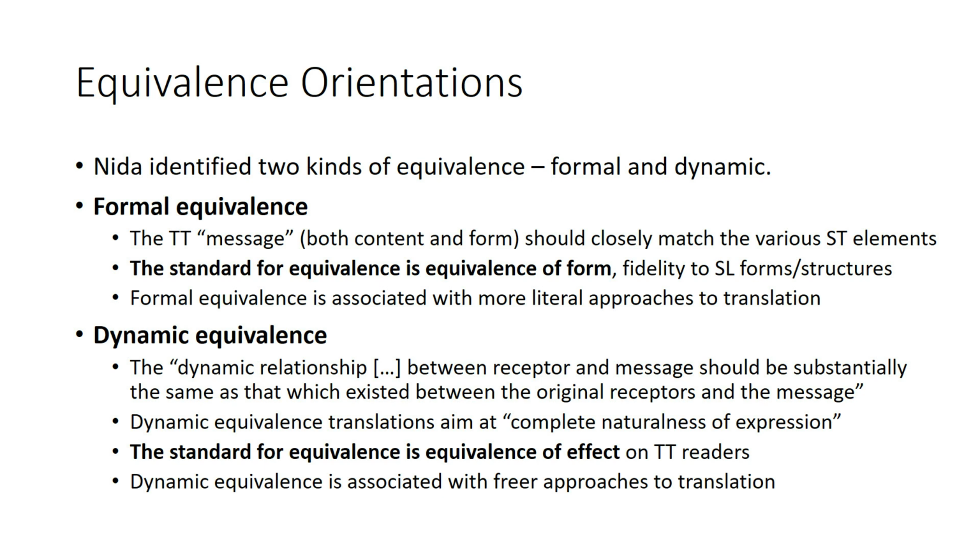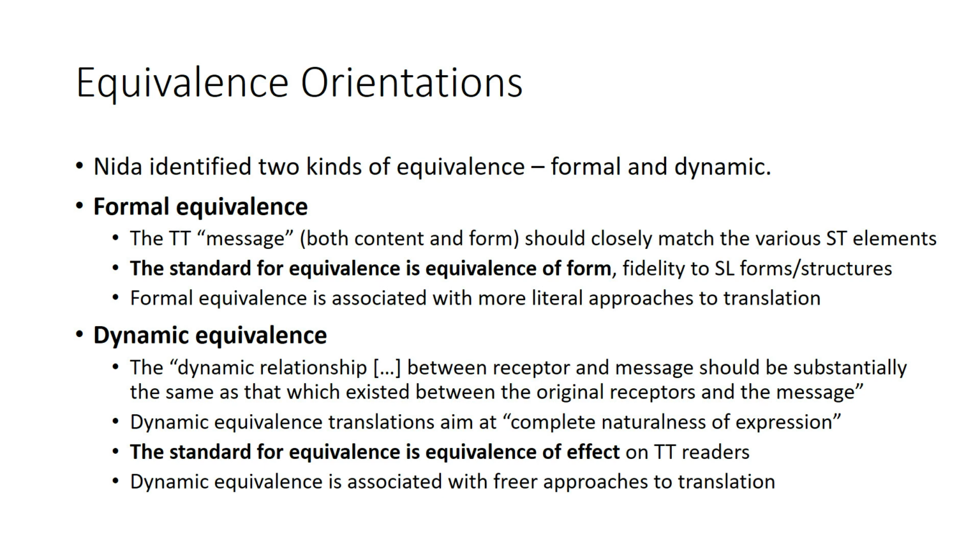So if you think dynamic equivalence is important, what you're after is that the target language readers experience the text in the same way. It has the same effect on them. Not so much that the language structures are the same as they were in the source text.